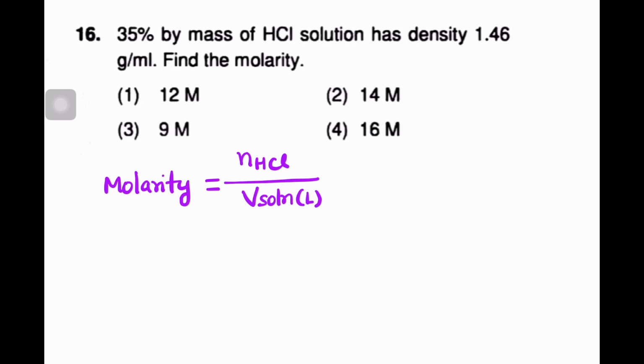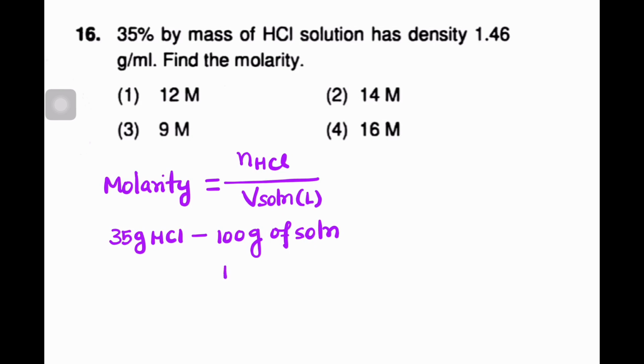Now 35% mass of HCl means 35 gram HCl is present in 100 gram of solution, right? So for 100 gram solution, what is the volume of solution? Because 1 ml is 1.46 gram, 100 gram means how much ml?